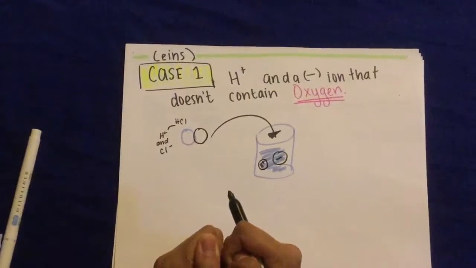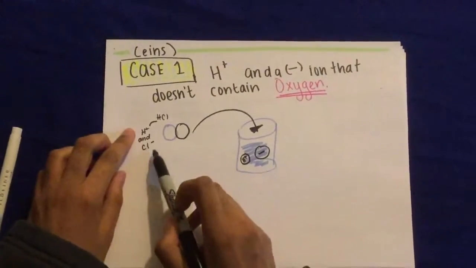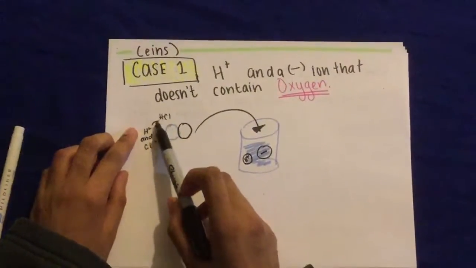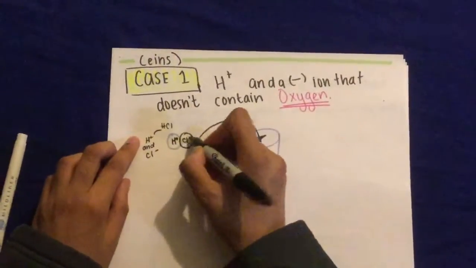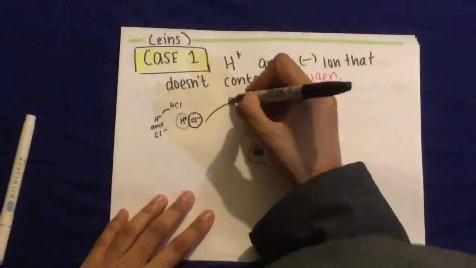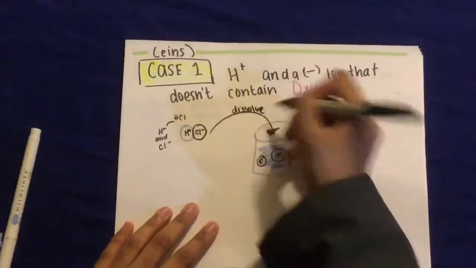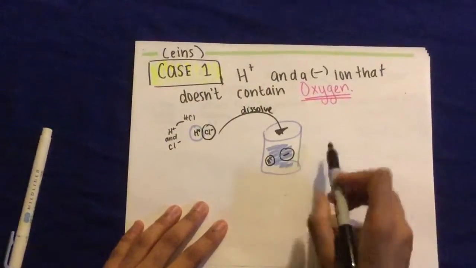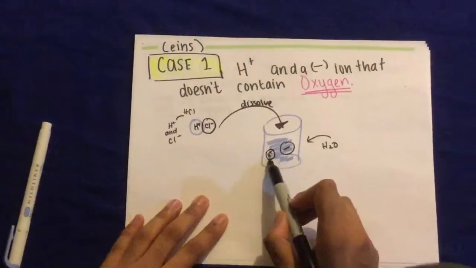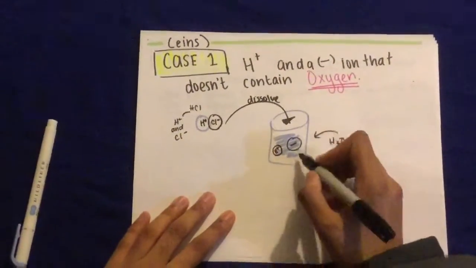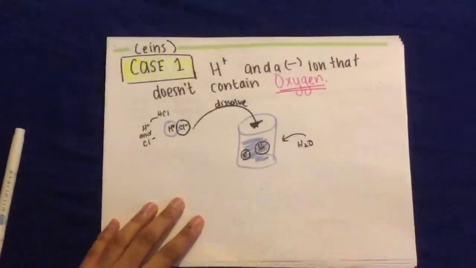And remember, opposite charges attract, and so these 2 opposite charges will attract to make HCl. So this would be H plus and Cl negative. And once we dissolve this substance into our H2O, it will break up into an H plus ion and a negative ion. In this case, Cl negative.